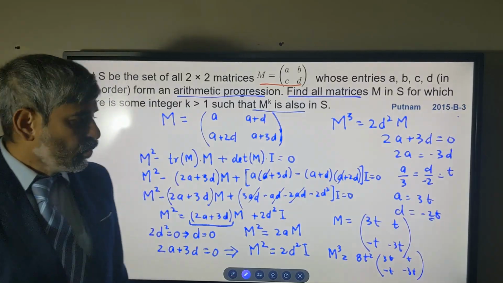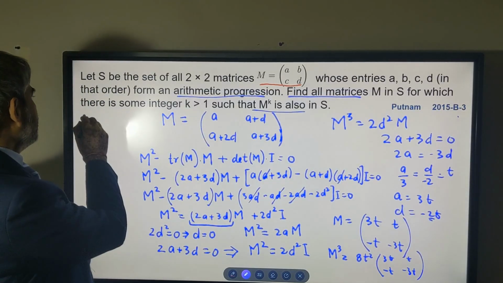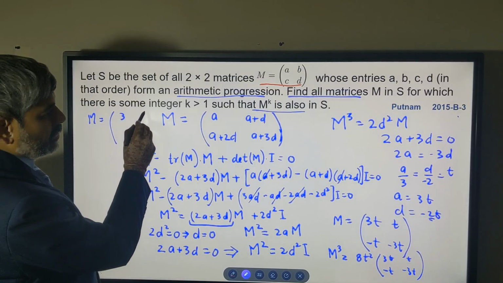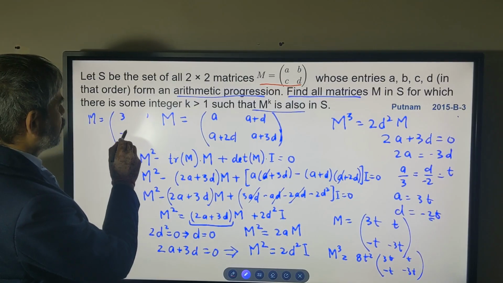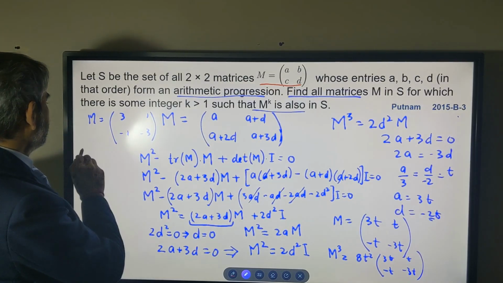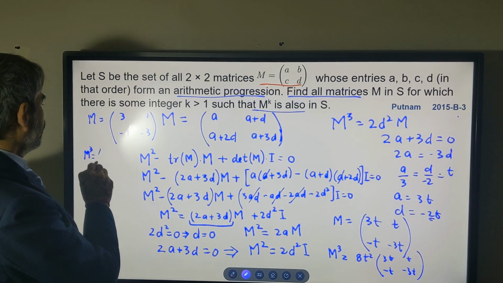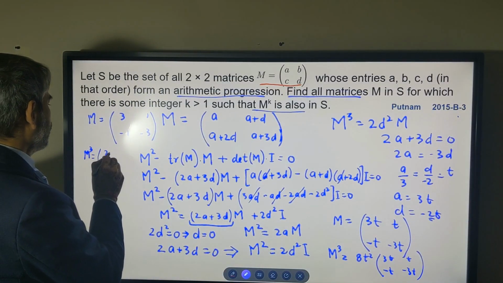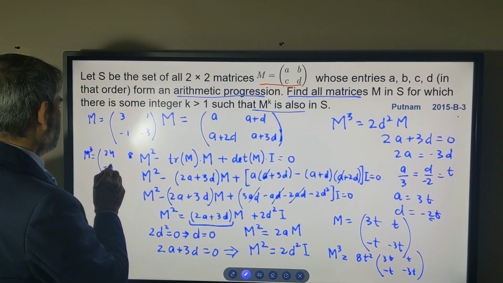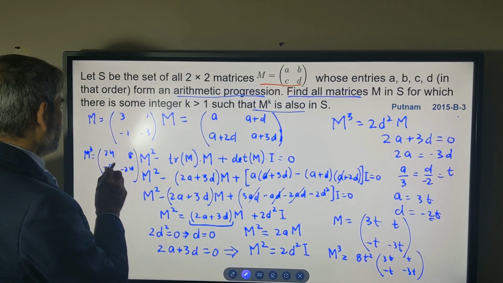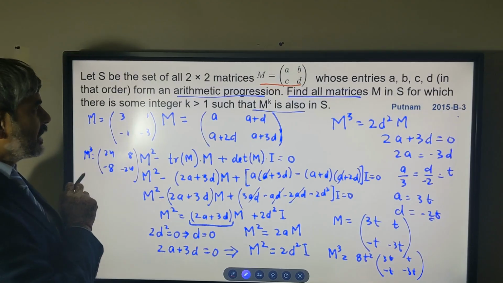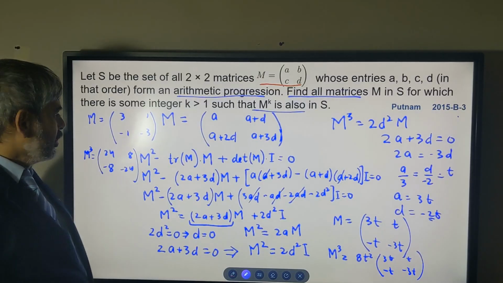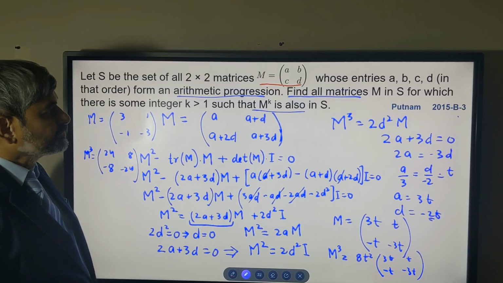So for example, if I take t equal to 1, then M seems like 3, 1, minus 1 and minus 3, and M cube is going to look like 24, 8, minus 8 and minus 24, and you can see that this also is an arithmetic progression with common difference of minus 16.